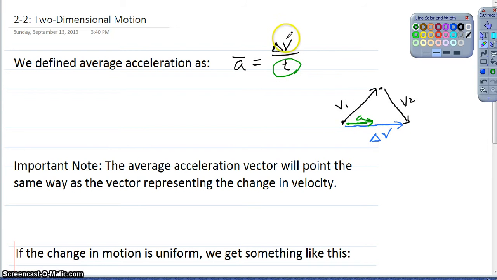If I take my change in velocity, which if I think of this as a vector, and then I divide that by some scalar, well, if I divide it by a scalar that's bigger than 1, then the acceleration would obviously be smaller than the original vector. But if I took that change in vector and divided it by 0.5, that acceleration would actually be twice as long, right, as that original vector. So the only thing we know for sure is that the average acceleration vector will be the same direction as the change in velocity, but keep in mind we don't necessarily know that the magnitudes would be the same.